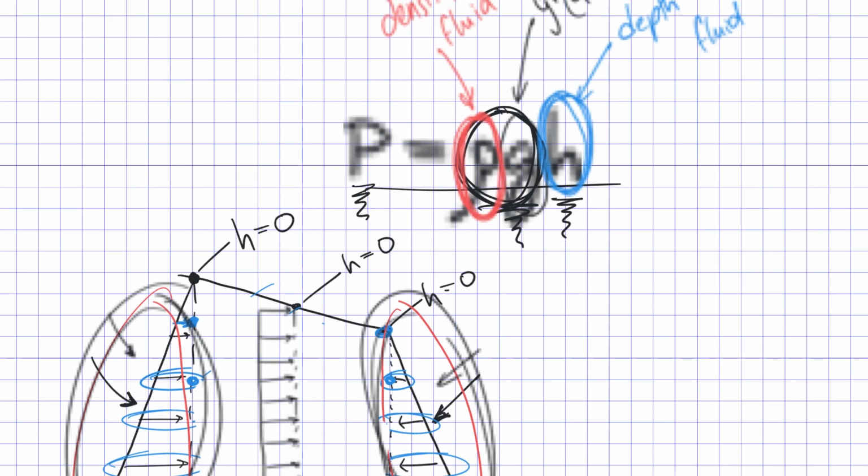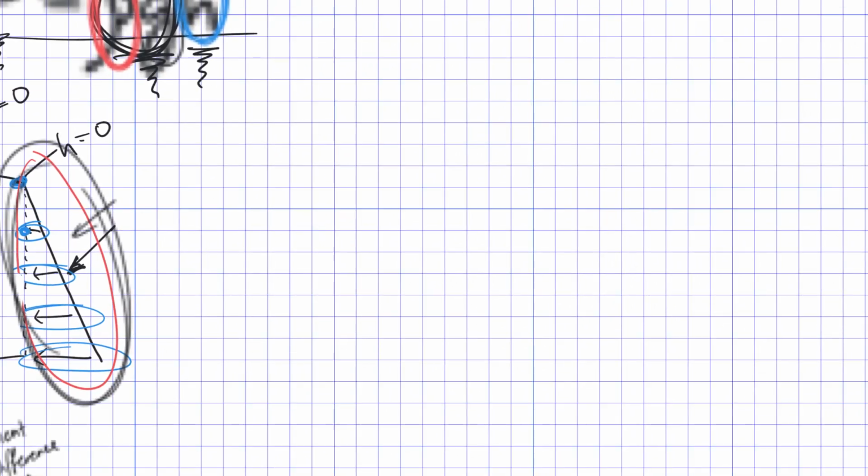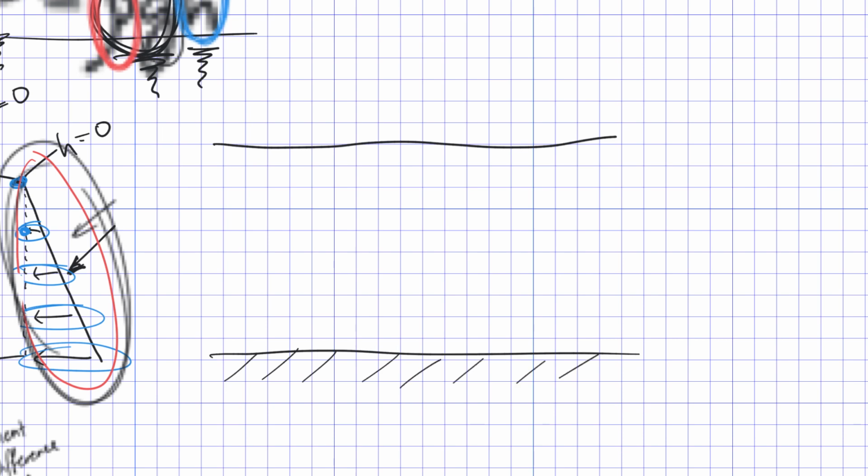So I'm going to isolate density. We're only going to think about density. Okay, so I'm going to draw, I guess it's a weird river, right? Because it's got no slope to the surface. And it's got a bed going along the bottom. Okay, so now the depth is the same everywhere. However, now I'm going to bring my colors back in: there's going to be fresh water over here, and this will be salt water over here.